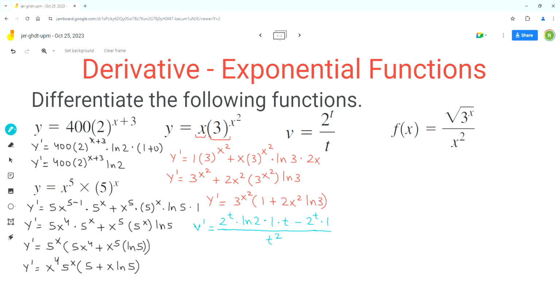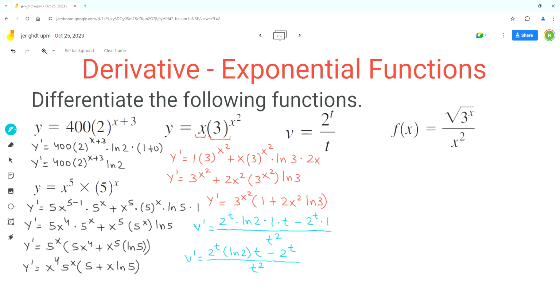Now we can simplify the numerator. So 1 times t is just t, so we get 2 to the power t times ln 2 times t minus 2 to the power t over t squared.